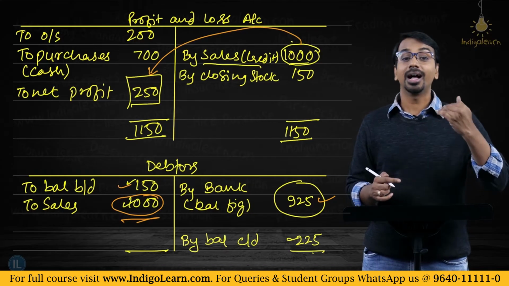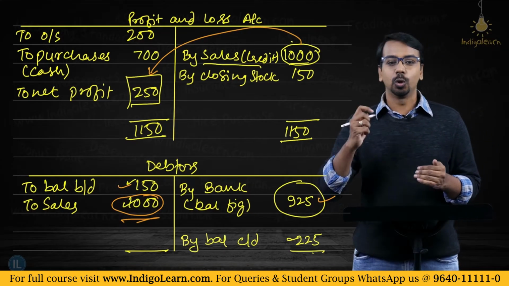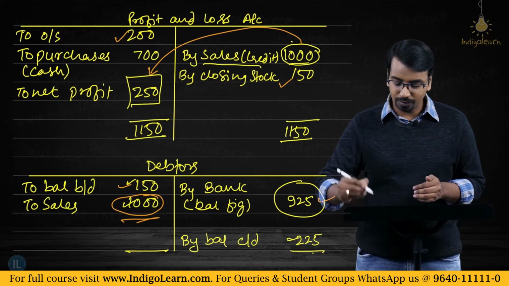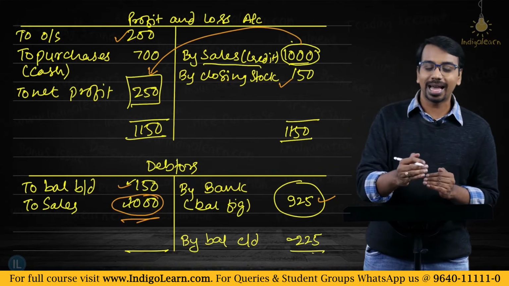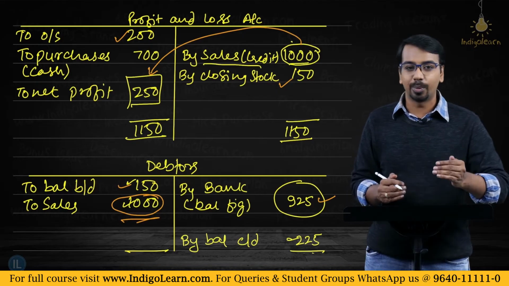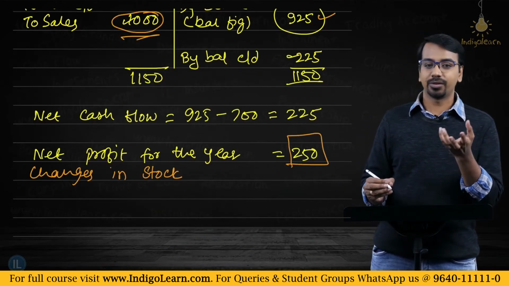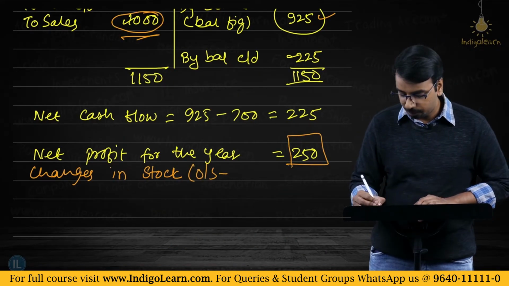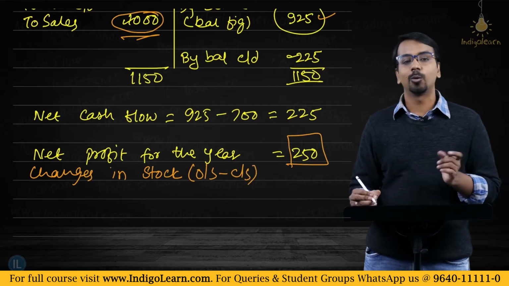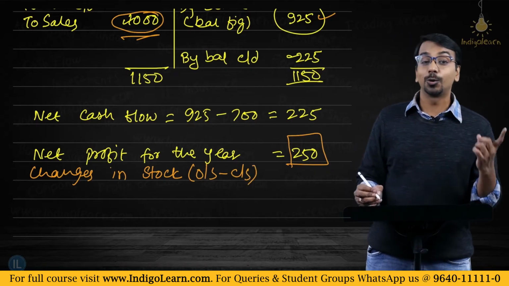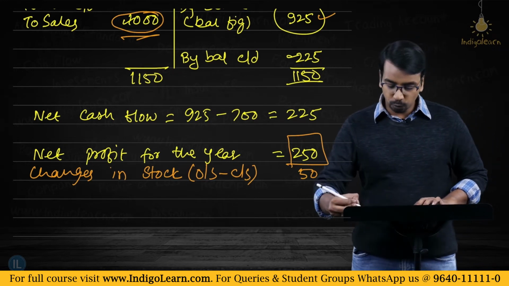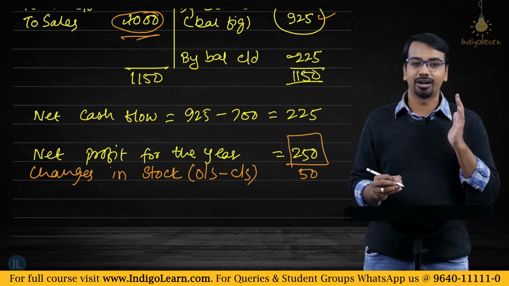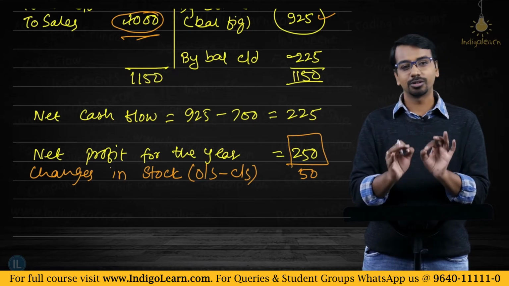See, you have debited a higher amount, you have credited a lower amount. 200 is higher, 150 is lower, so net profit would have been reduced. So to increase that, what I will do? I will add back, or using the other technique that we just now understood, I will simply say opening stock minus closing stock. Opening stock minus closing stock, 200 minus 150, 50 is what I will add. Now 250 plus 50 makes it 300. This is in relation to stock.